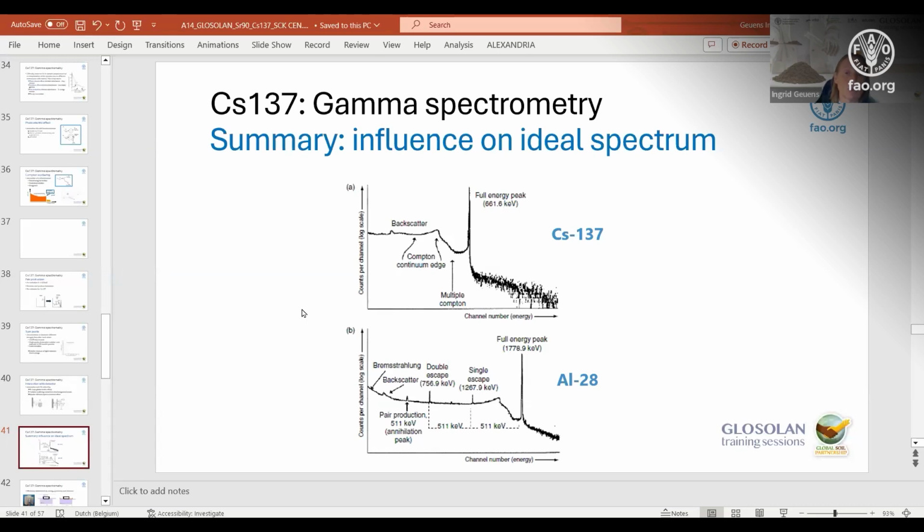For other isotopes, you even have more problems because for thallium-208, for example, which lies at a higher energy, you have also escape peaks, a double escape peak, a single escape peak, pair productions. So there could be a lot of different peaks present, which you maybe cannot explain unless you're looking towards interactions of matter with the gamma rays of thallium-208. And you have to correct for them because otherwise your concentration or activity calculation is not completely correct.